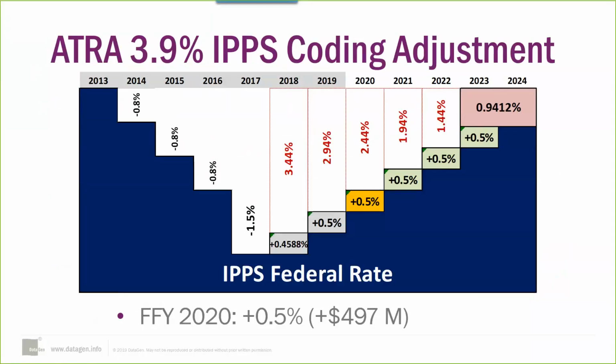Note that this was likely tied to the projected 3.2% reduction that hospitals were estimated to receive prior to CMS increasing the reduction in 2017. As a result, by the time 2023 rolls around, hospitals will be about 1% in the hole versus the original 0.2% in the hole due to ATRA.